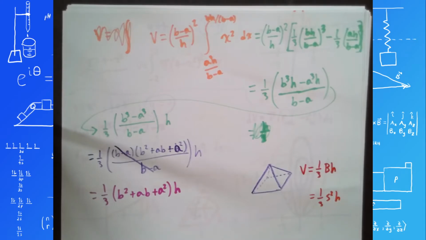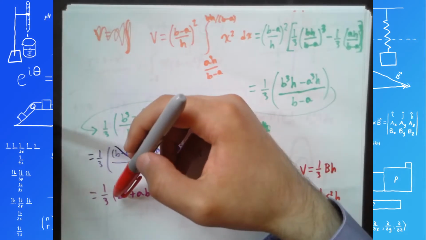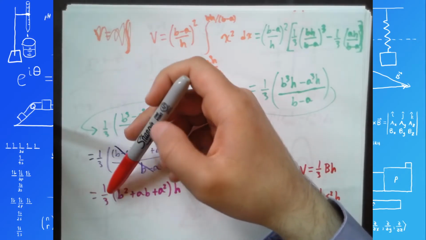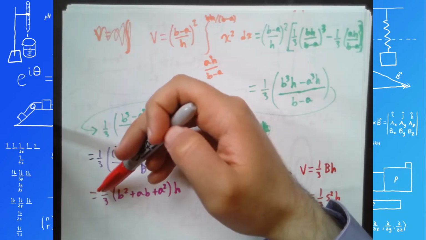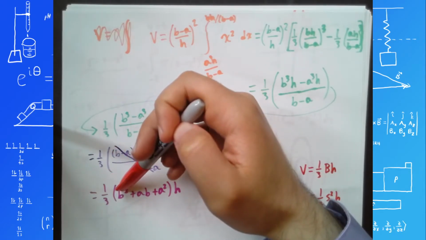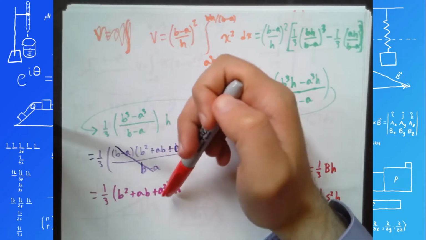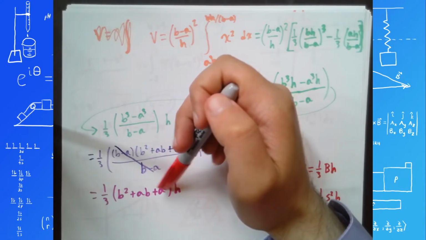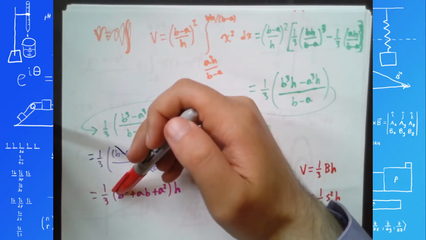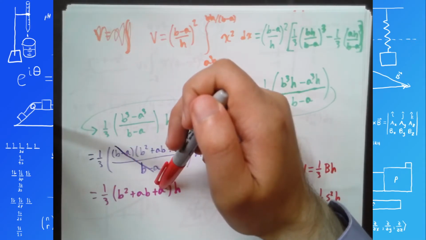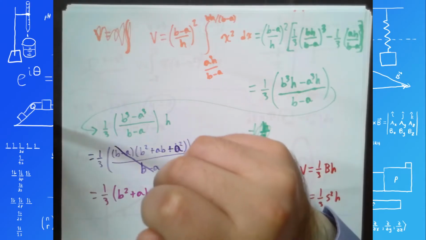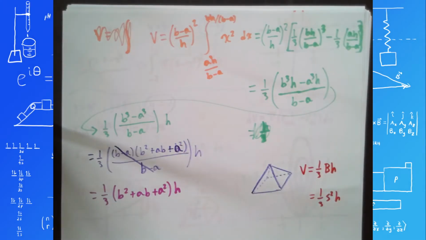So yeah, it has some resemblance. B squared is the area of one of the bases, and A squared is the area of another of the bases, and then that times height.